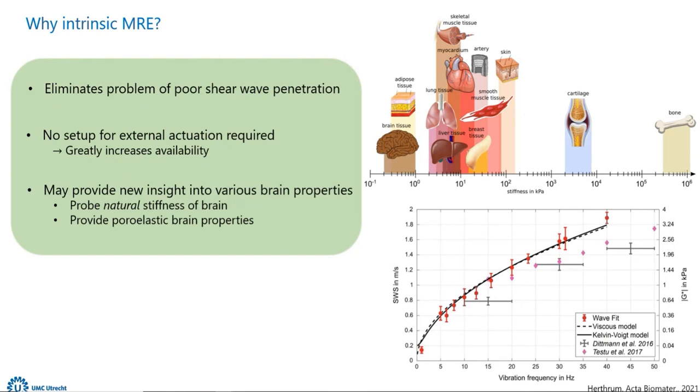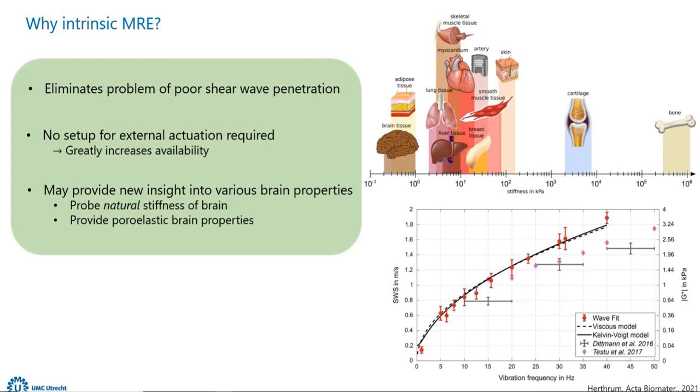And the first thing I write here is that we might probe the natural stiffness of the brain. And what do I mean by that? So it's actually quite hard to measure brain stiffness because ex vivo attempts remove the brain from its natural vascularized state, which greatly affects the properties of the brain.